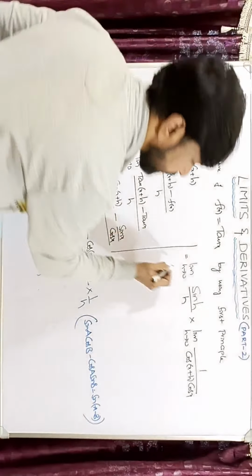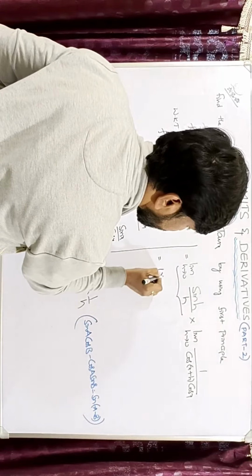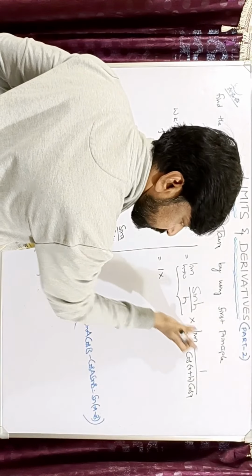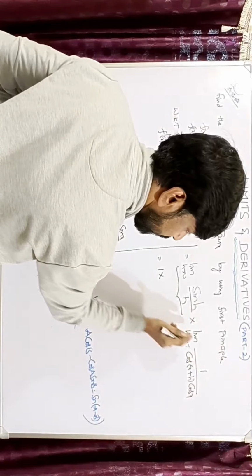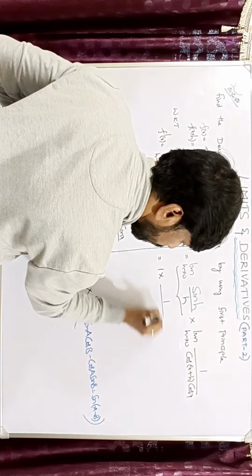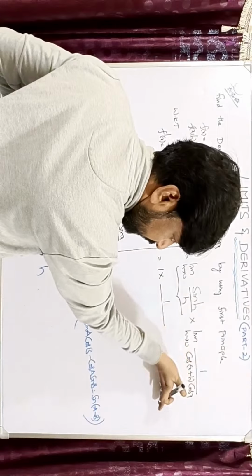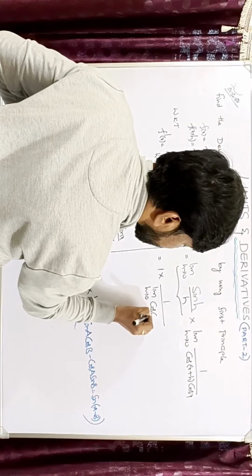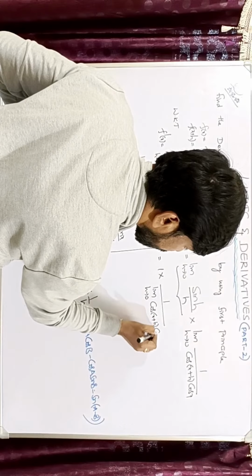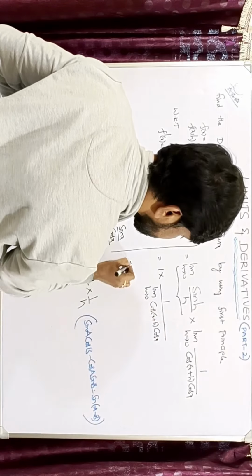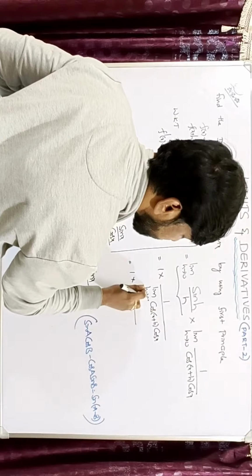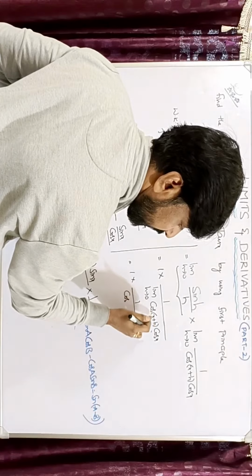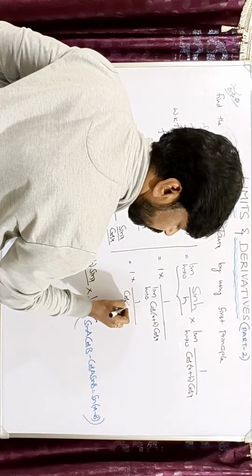So this part is nothing but 1 into, according to the formula, again the property: limit h tends to 0 applied for the numerator, so the limit of a constant is the constant, whole by limit h tends to 0 applied for the denominator. You can write limit h tends to 0 cos of x plus h into cos x. So this can be written as 1 into 1 by, now substitute the h value: in place of h, 0, cos of x plus 0, cos x.